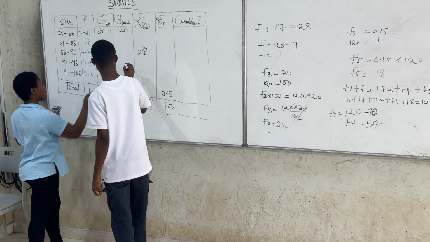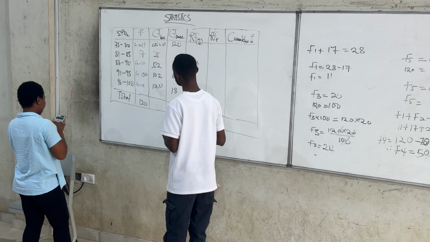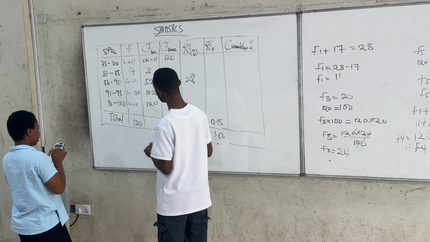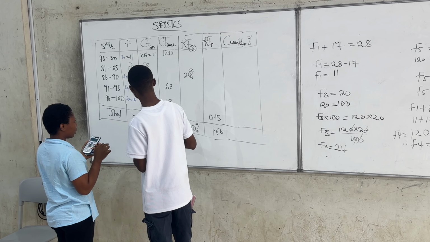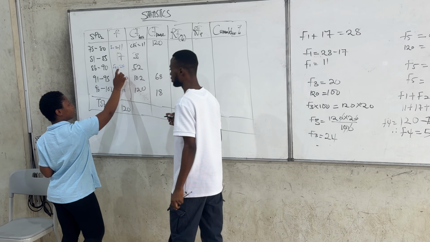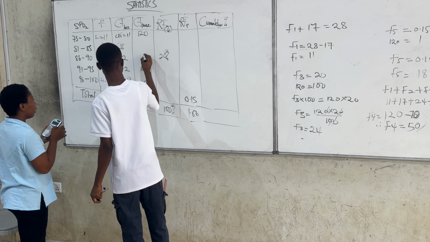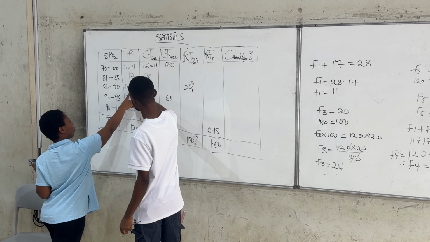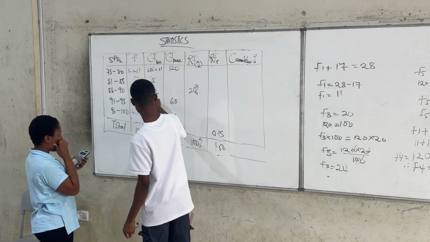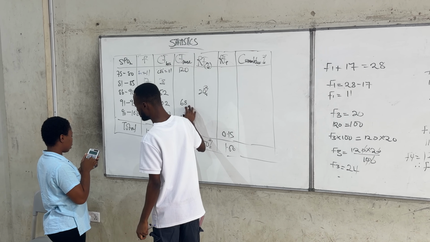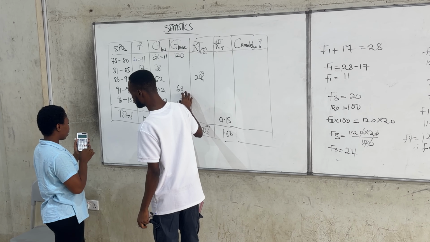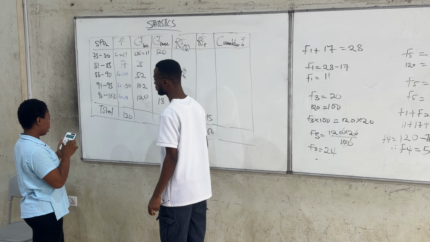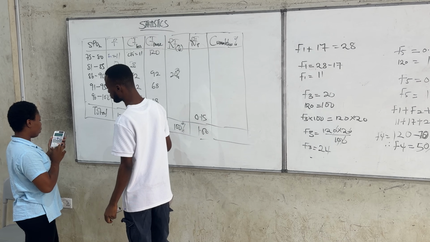So 18 plus 50 gives us 68. 68 plus 24 gives us 92. Then 92 plus 17 gives us 109.